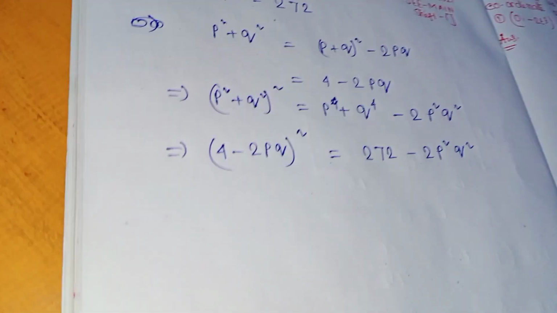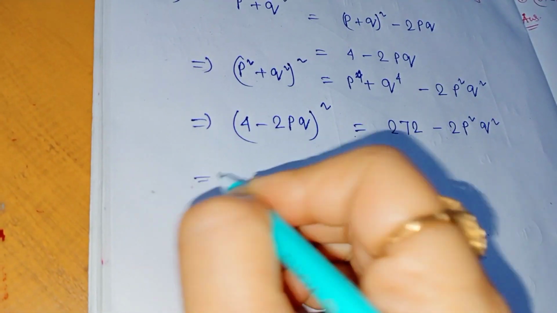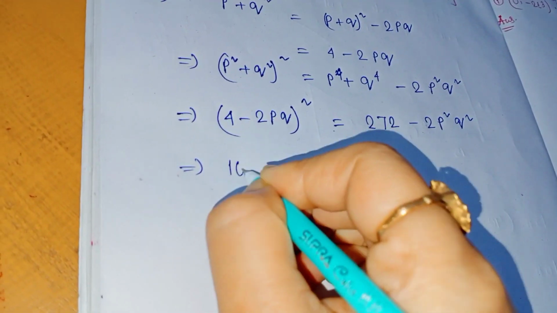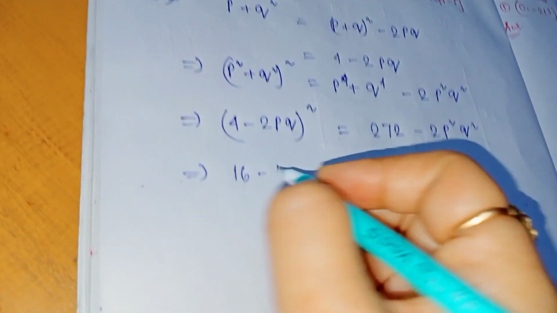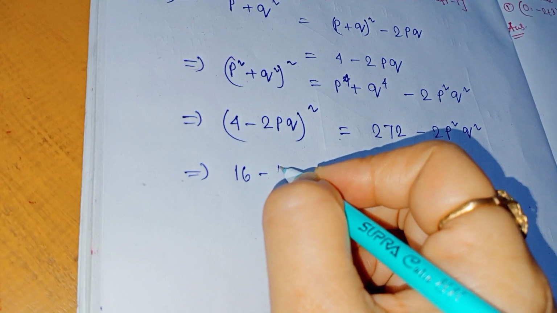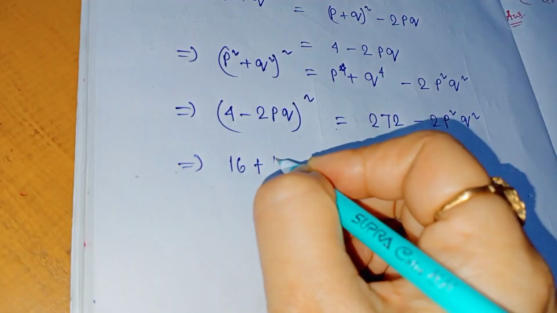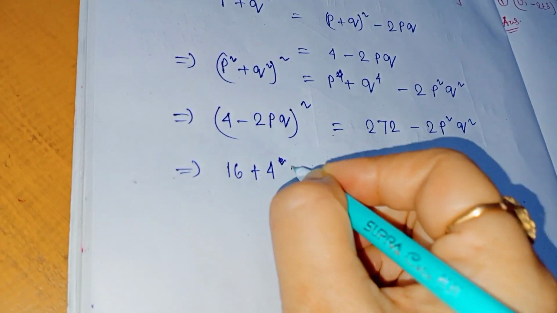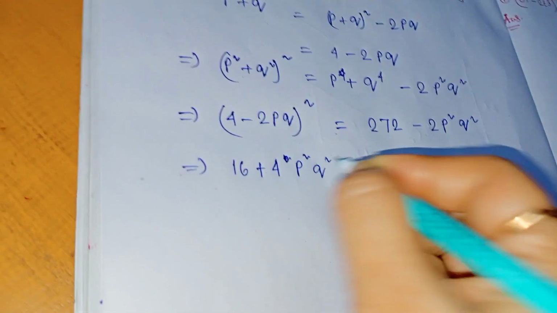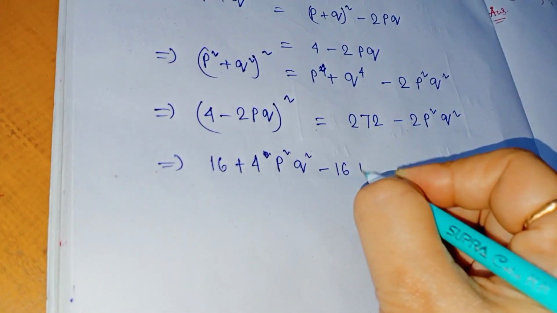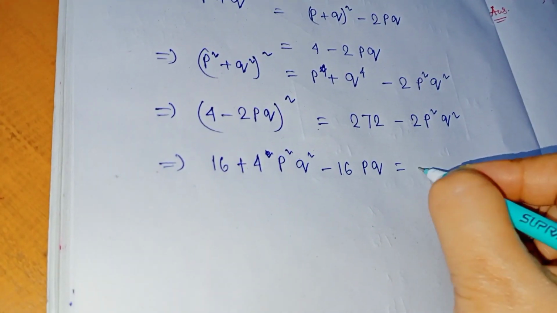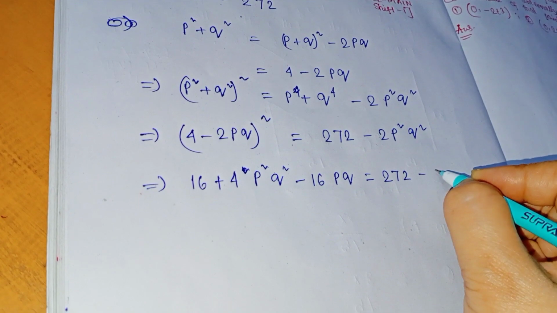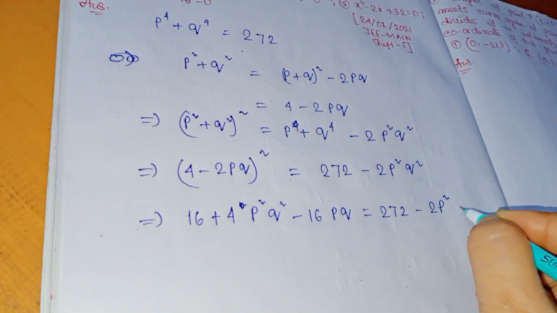Now squaring this, it is 16 plus 4 p square q square minus 16pq, that is equal to 272 minus 2 p square q square.